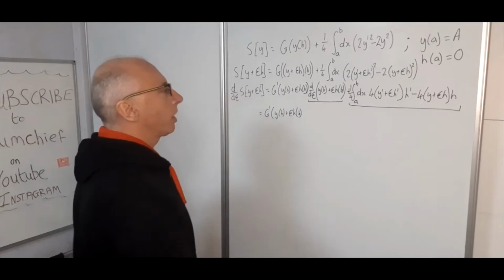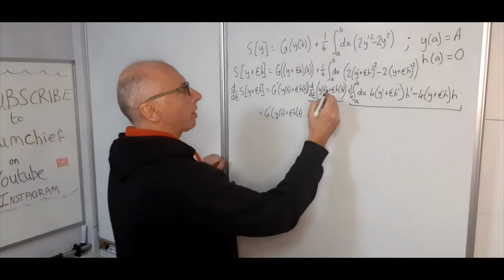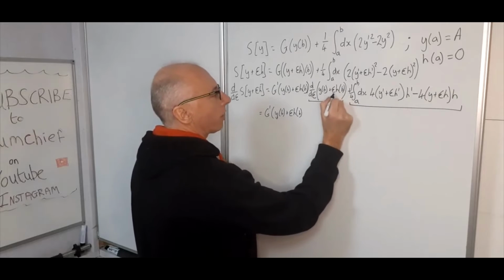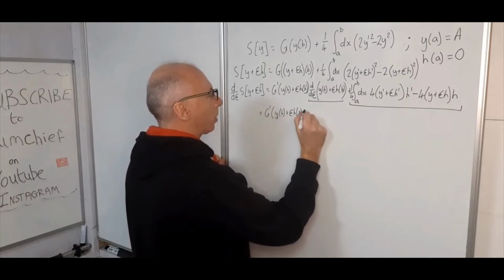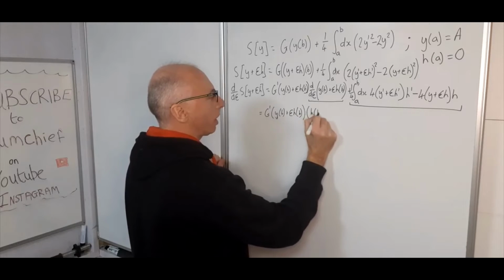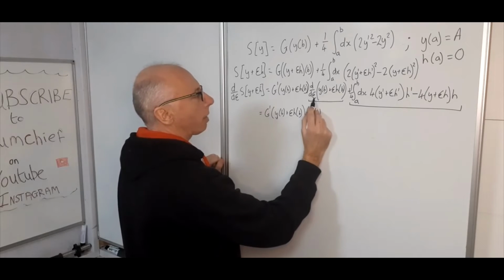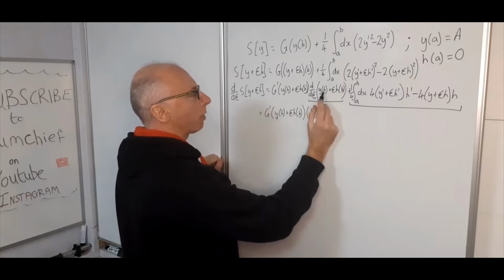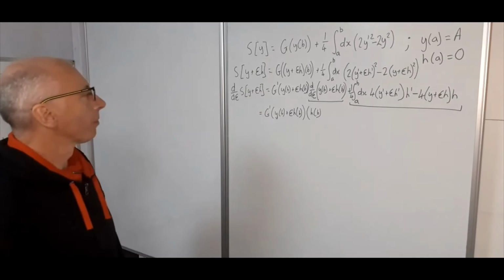And then the derivative with regards to epsilon here, using the chain rule, epsilon h(b) will just become h(b). So all we're going to do now is multiply this by h(b). This term here, y(b), has no epsilon in it, so that term would just disappear. So that takes care of that.